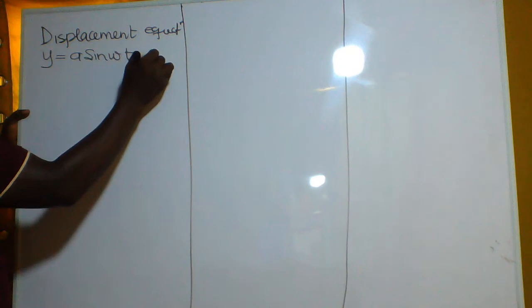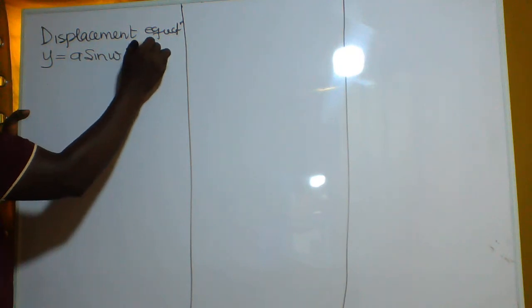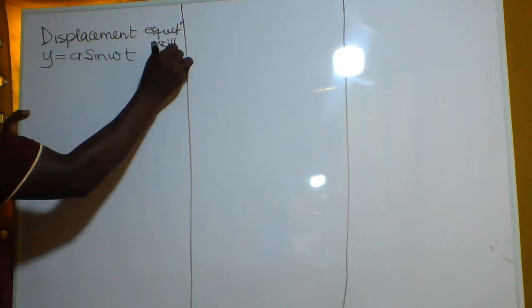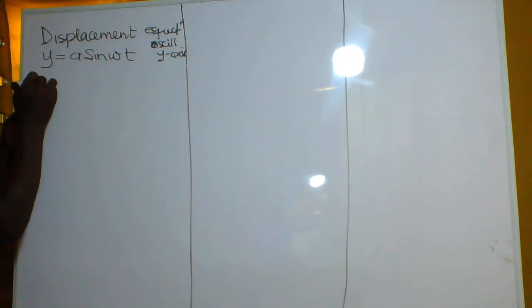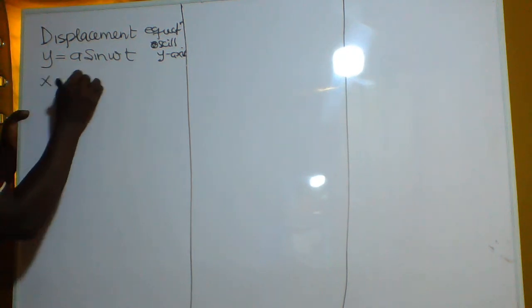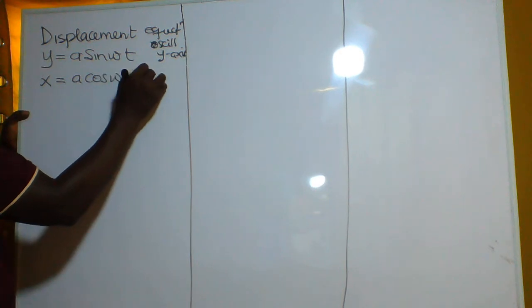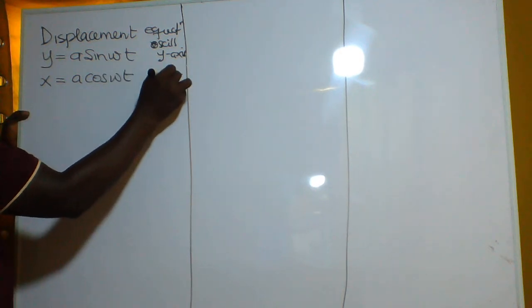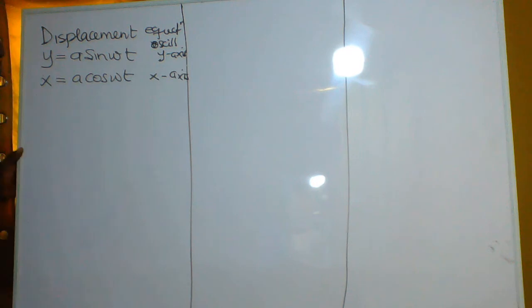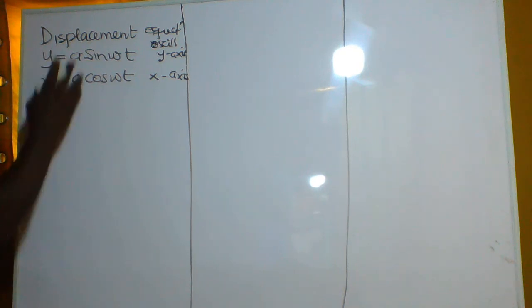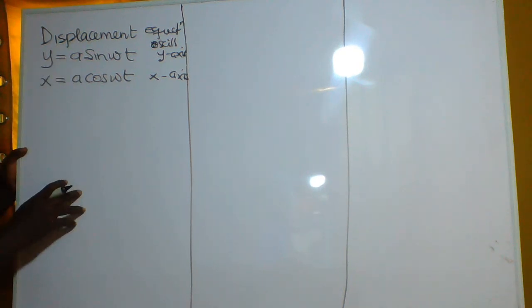That is vibration or oscillation along the y-axis, and x is equal to A cos omega t, that is along the x-axis or the horizontal axis. So these are the displacement equations.